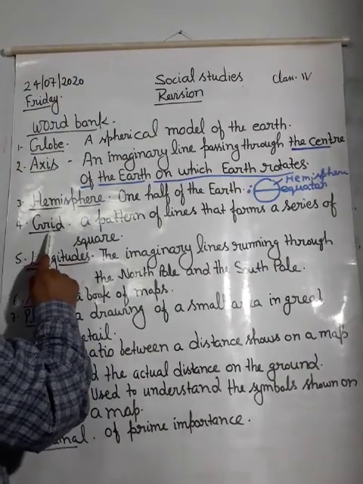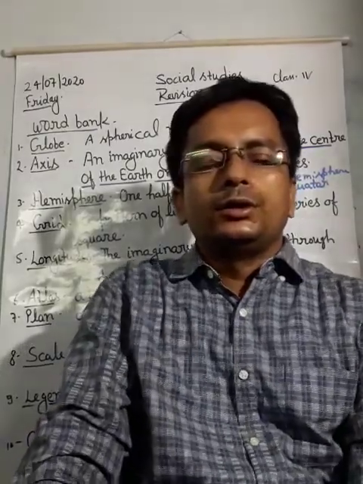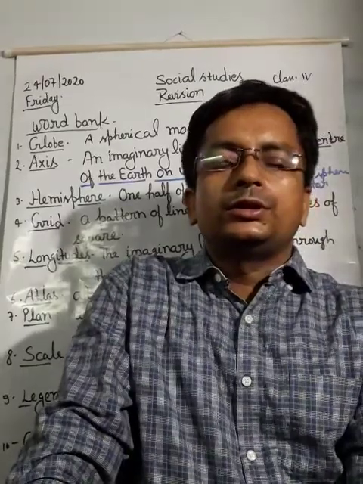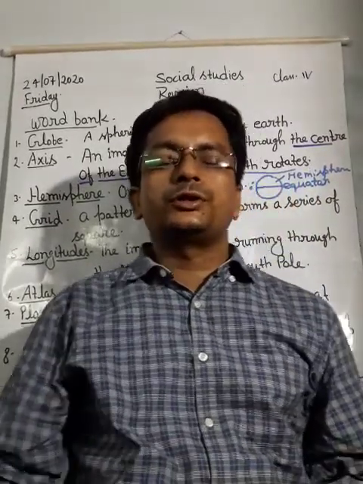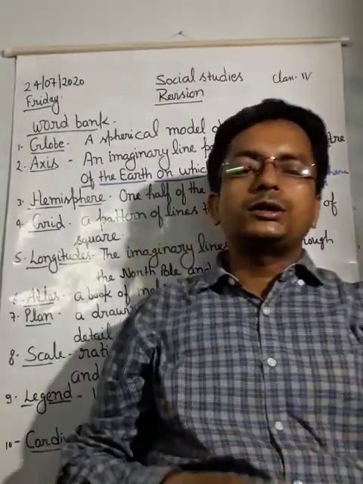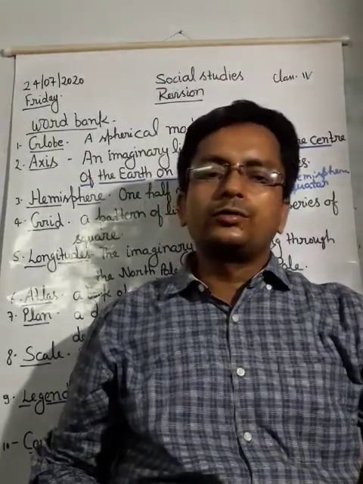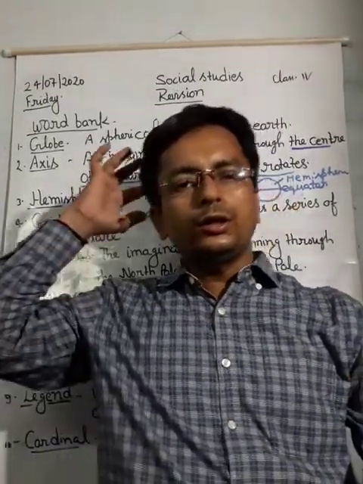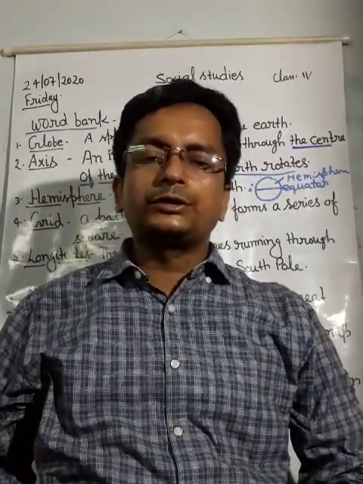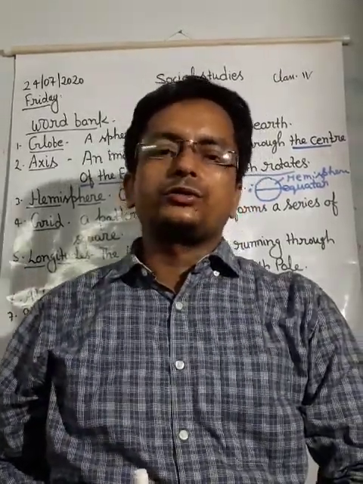And next is grid. Yes students, in chapter 1 we studied how we can get the location of any place on the earth, because the earth is too big and it is quite difficult to find the location of any place on it. So we studied latitudes and longitudes.